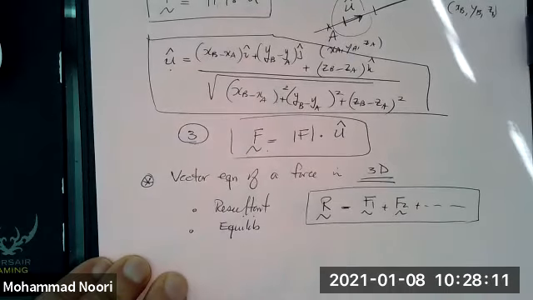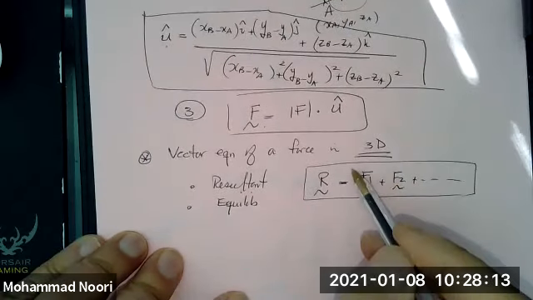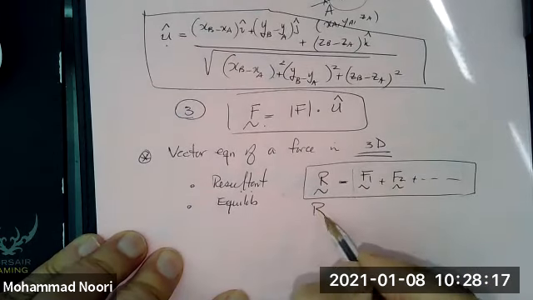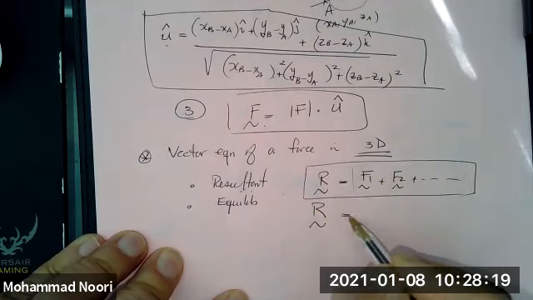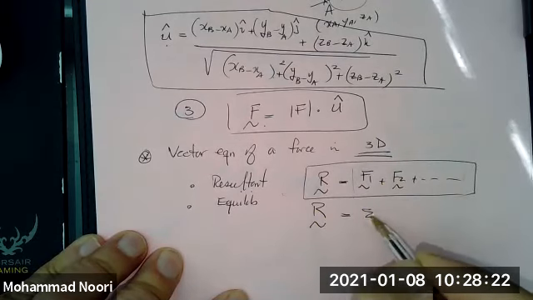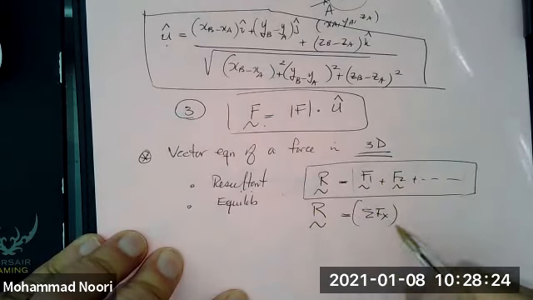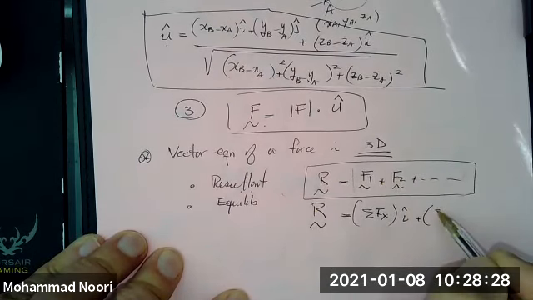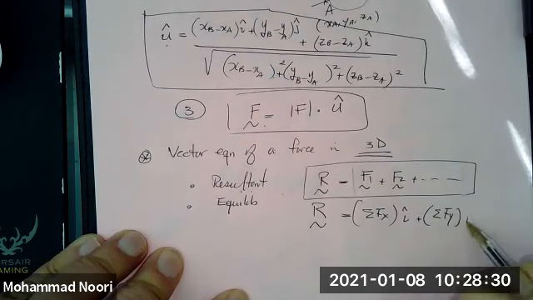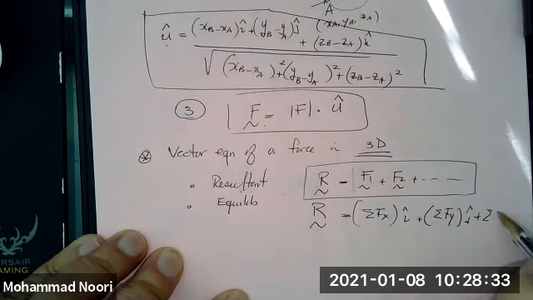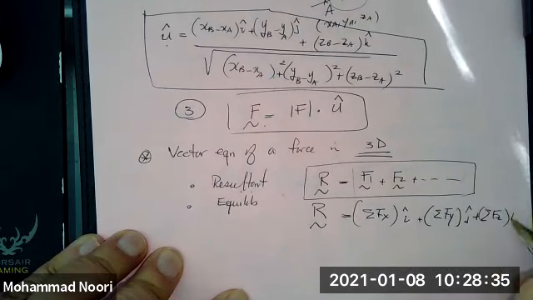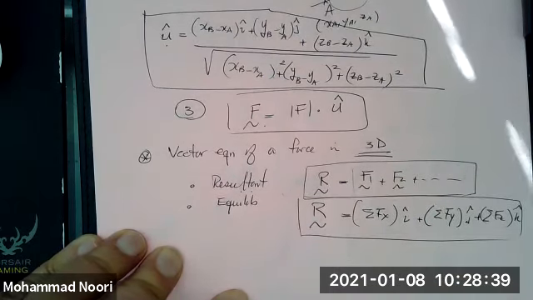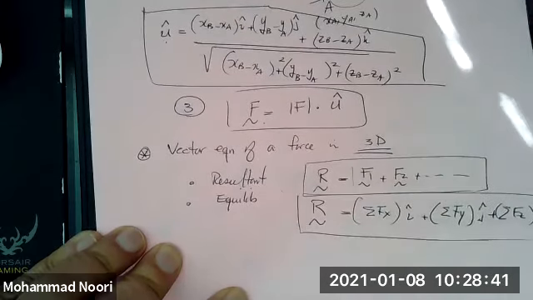And therefore, similar to 2D, if we can set up the vector equation for the resultant, we can easily show that this comes down to writing the sum of the x component of each force, sum of the y component of each force, and sum of the z component of each force. And this will be the resultant equation in 3D.